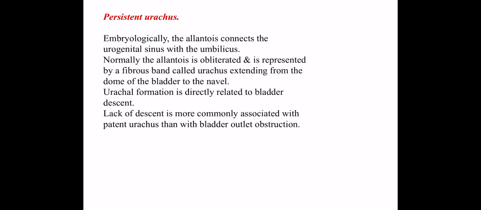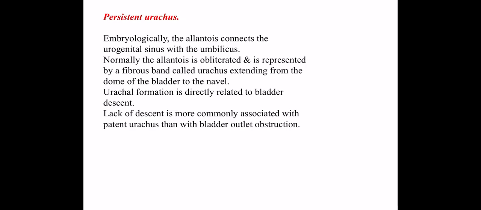And this picture is after surgery, after reconstruction of the urinary bladder. And you see there are double J stents in the ureters, both right and left. There's also a drain from the urinary bladder.